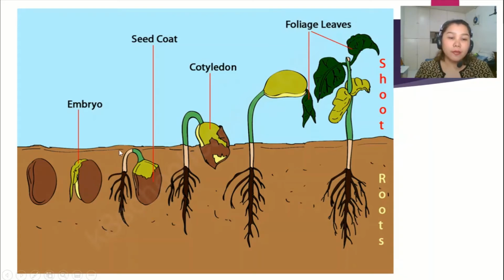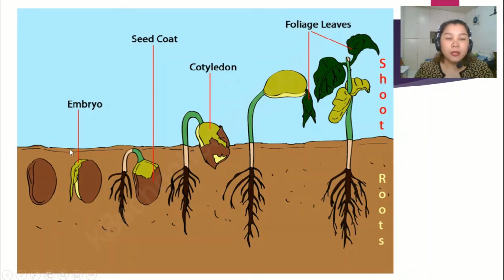And then, if you take a look, the seed coat is slowly cracking or coming off because the plant will come out. And then, look at the roots. This is underground. Soon, the seed coat will disappear. Then this is the cotyledon.